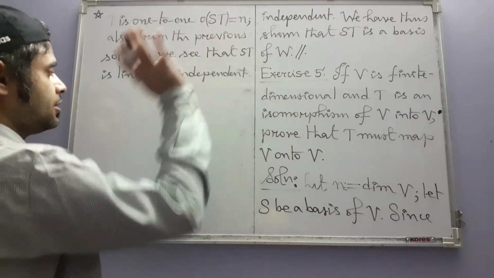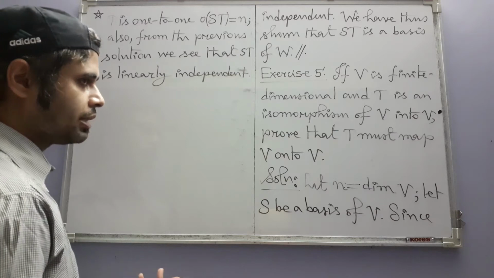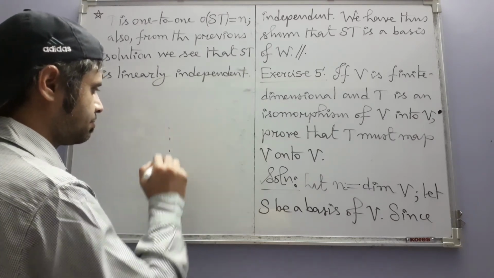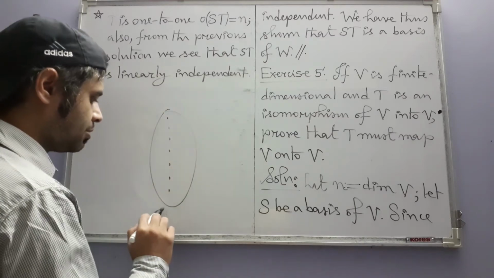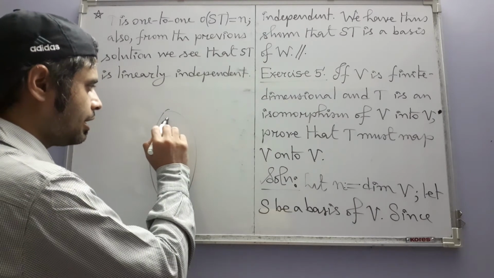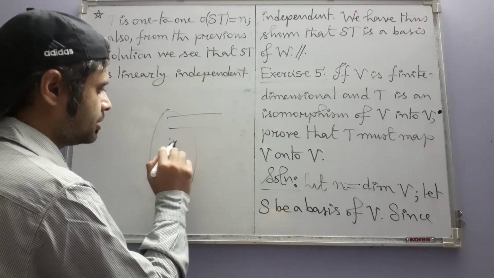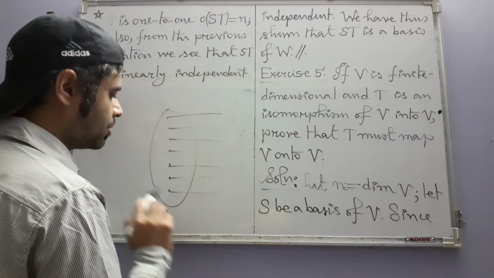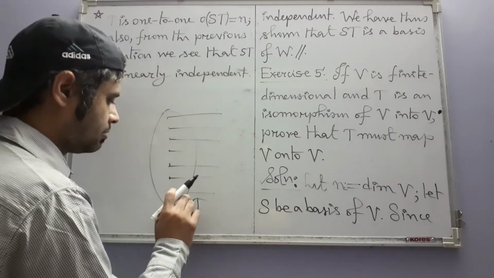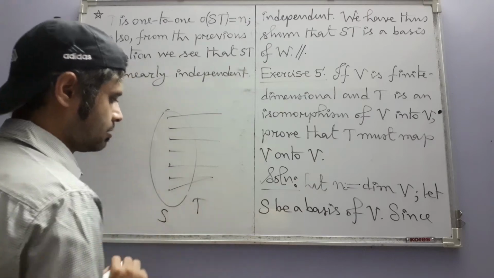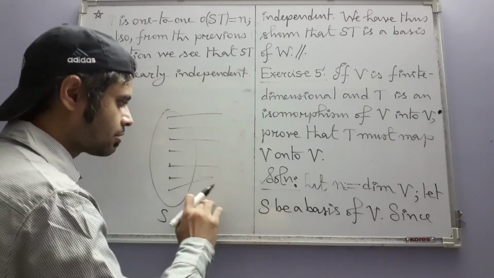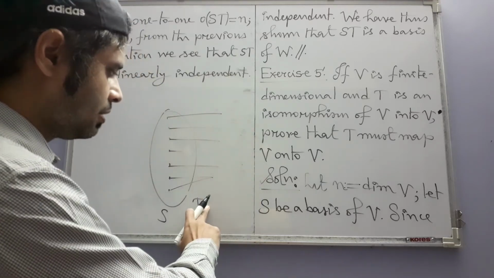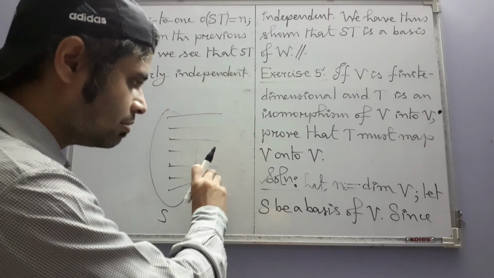So order of ST is also n. If you are thinking why that is so, it is simple. Say you have n number of elements in S, and you have a function T which is taking all these elements somewhere, and because this function T is 1 to 1, there is no chance of the number of elements after the mapping to be reduced.